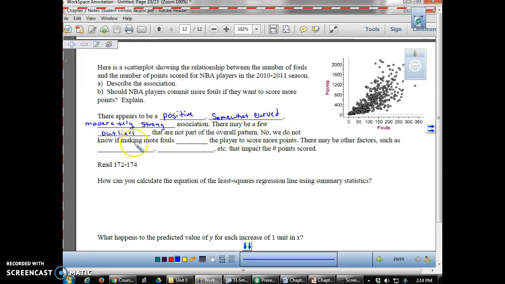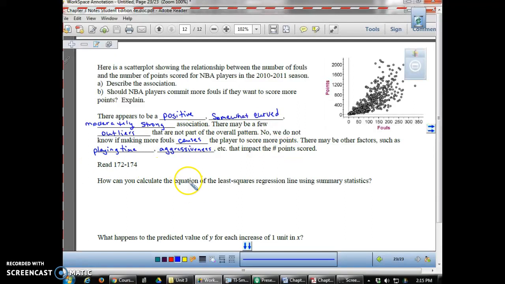No, we do not know if making more fouls causes the player to score more points. There may be other factors such as playing time, aggressiveness, talent, all those things could come into play that impact the number of points scored.